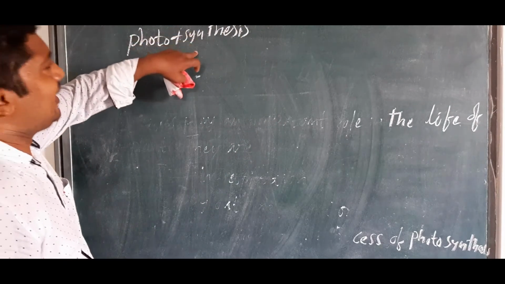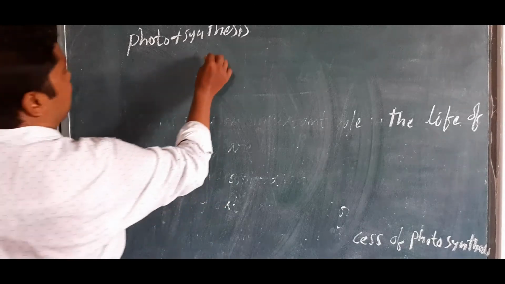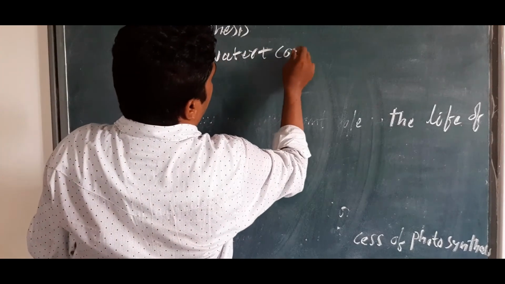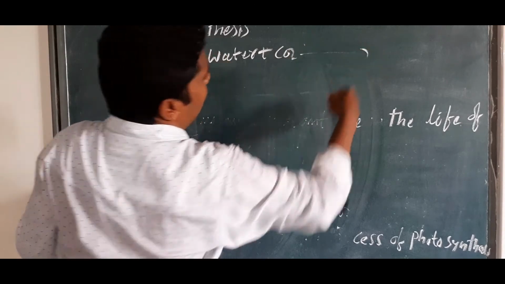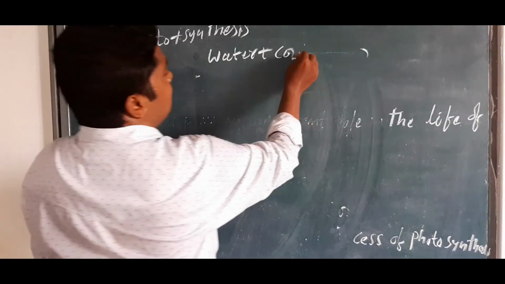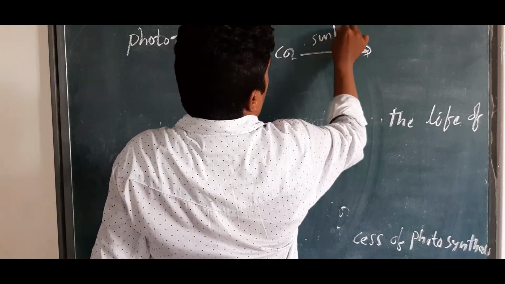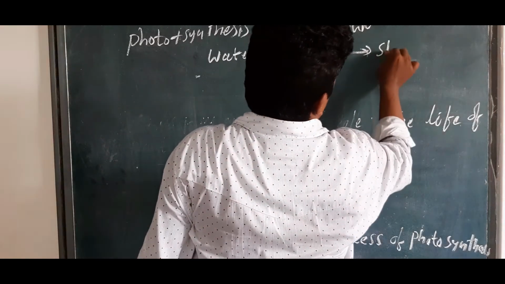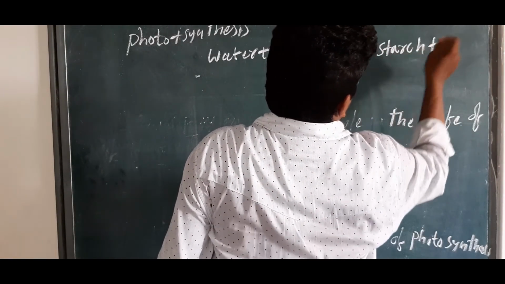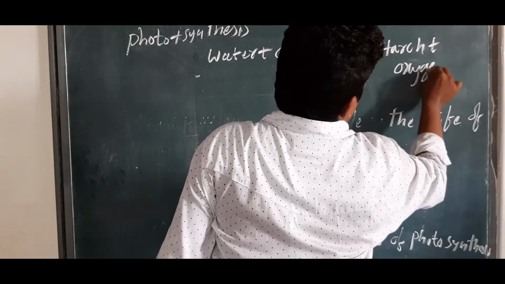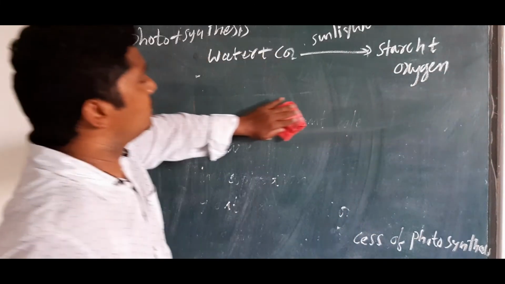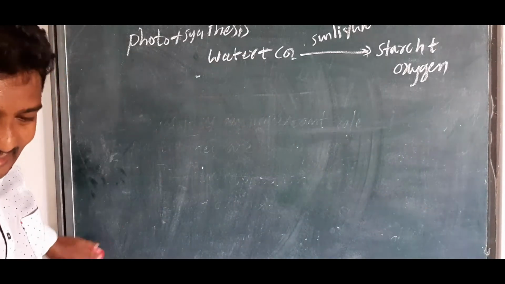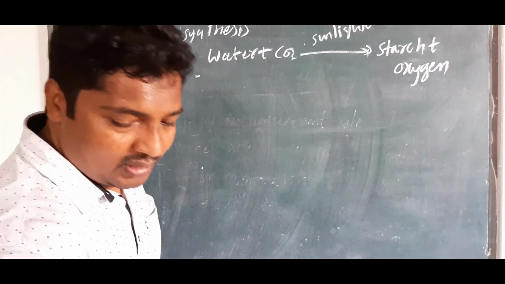So with the help of water and carbon dioxide, in the presence of sunlight, they get starch plus oxygen. They get starch and oxygen. Understand? This is photosynthesis.